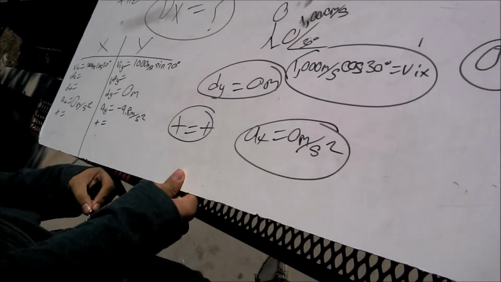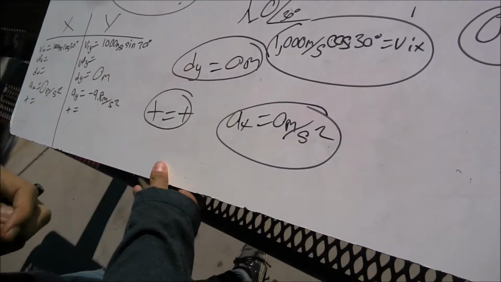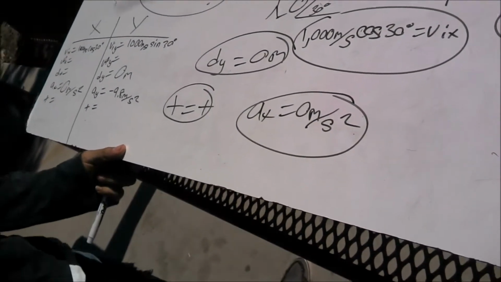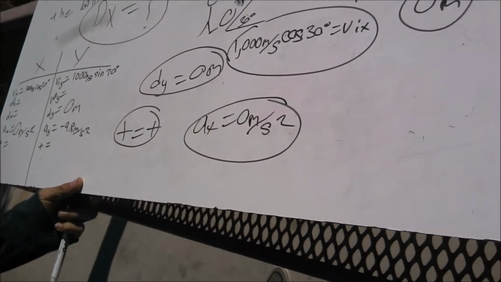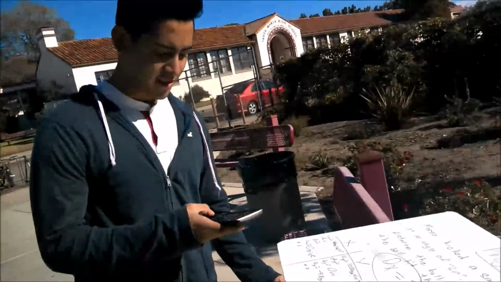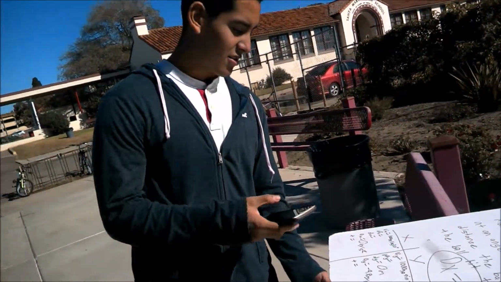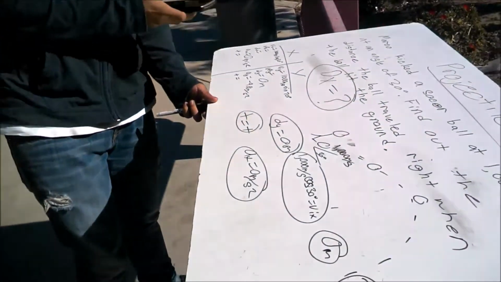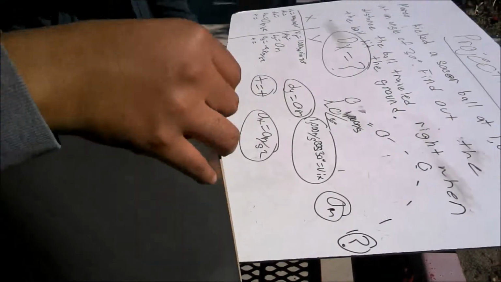Alright, so with that being said, now we have all this information, and we are now gonna compact it into an equation to solve for time. Alright, so let's get to it.